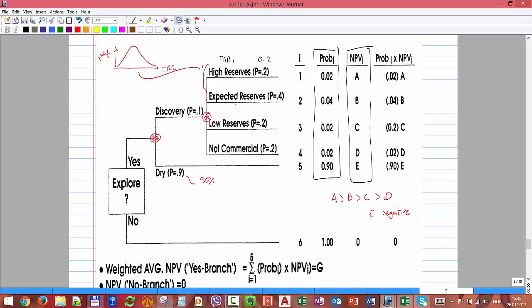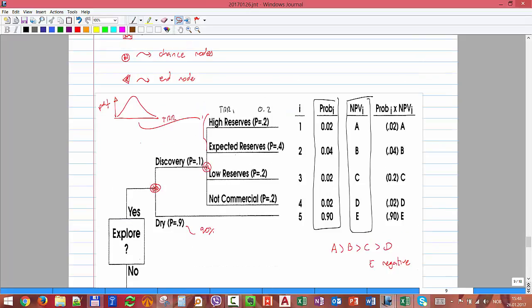It's a multiplication of all the chance node probabilities of that particular branch.